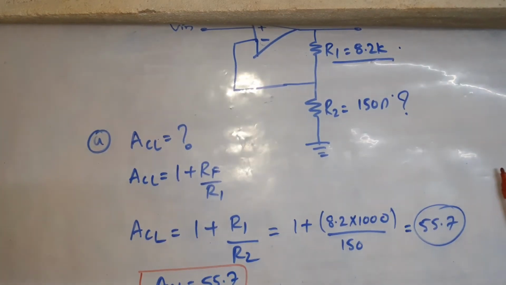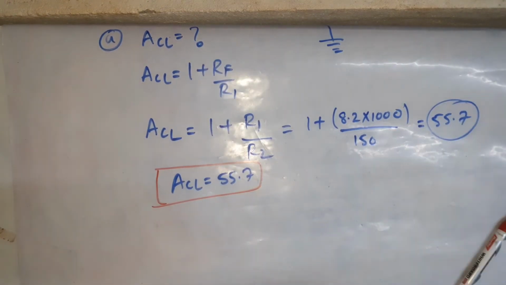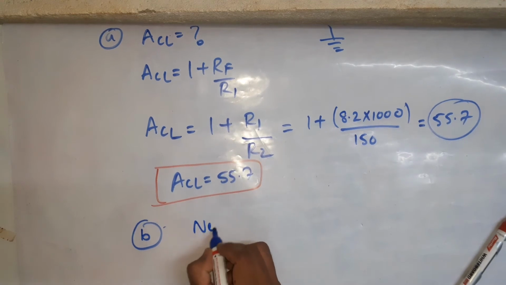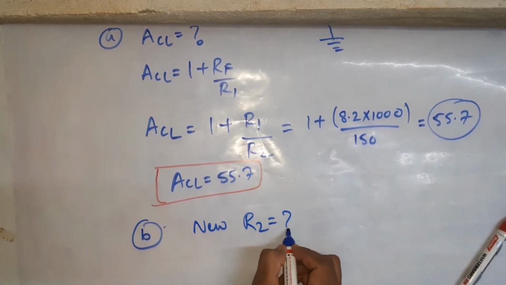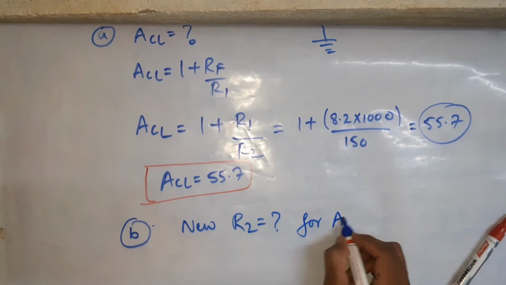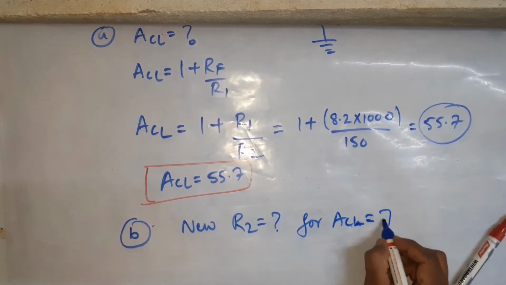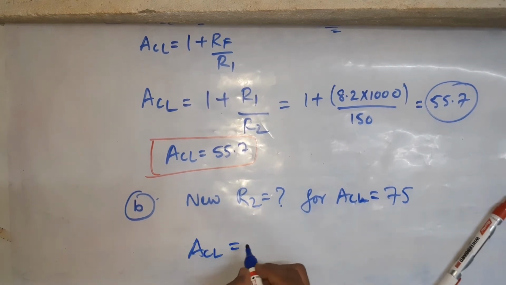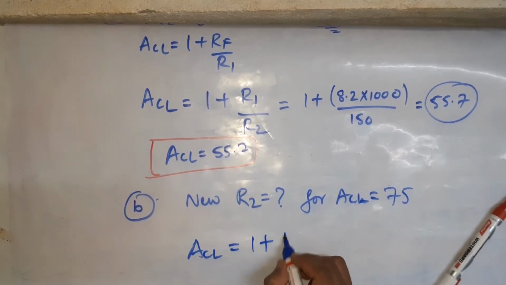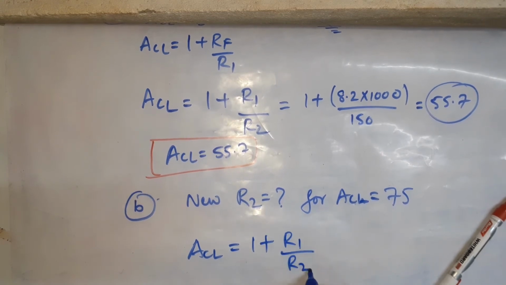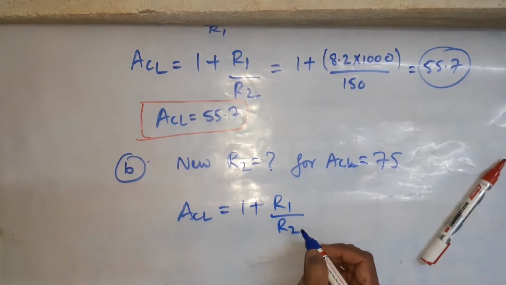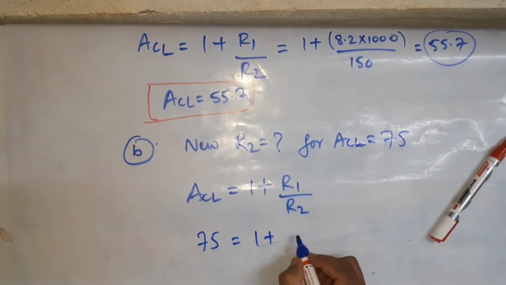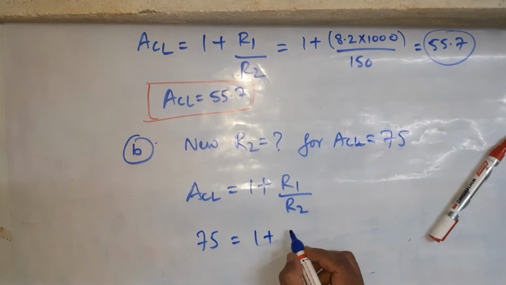What procedure you will use? I'll write here. New R2 is to be found for gain to be equal to 75. Once again same formula you use, that is 1 plus feedback resistance by input resistance. We know that gain is 75. 1 plus, what is to be changed? R2 is to be changed.